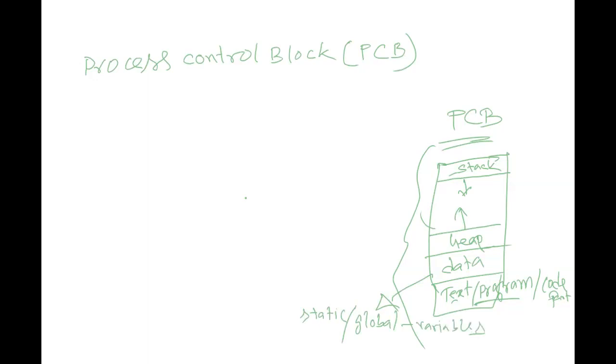These static and global variables are always inside this data part. So if you define a global variable, it is always inside the data part of your process control block, and static variables are the same, always inside the data block of a process.